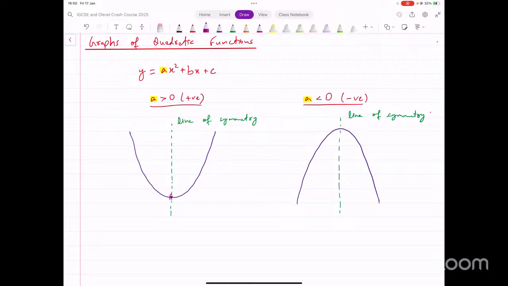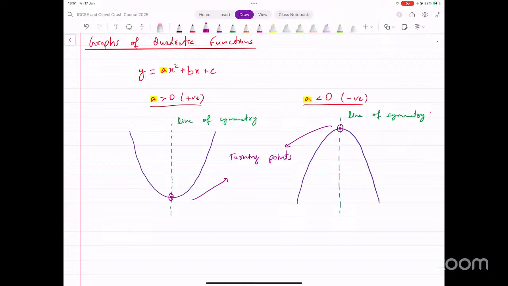And this point here for the first graph and this point here of the second graph are important points on the graphs of these functions because they are the turning points. These points are called the turning points.